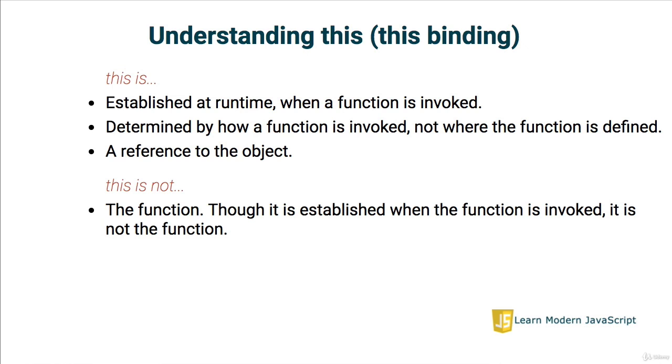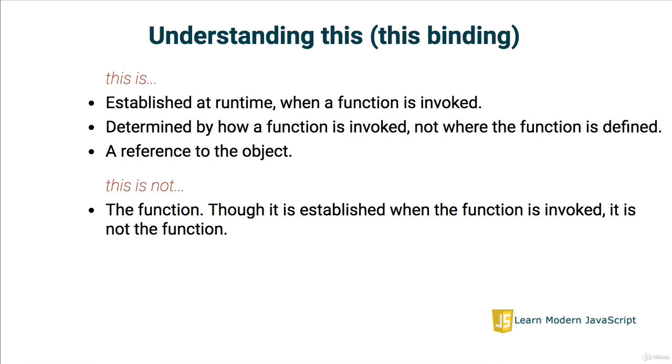And finally, this is a reference to an object. So the value that this becomes is always an object. That we can say up front. It will always be an object. What that object is is determined by how a function is invoked, not whether or not the function is associated with an object. Now, many times when a function is associated with an object, when it is an object method, the value of this is that object.